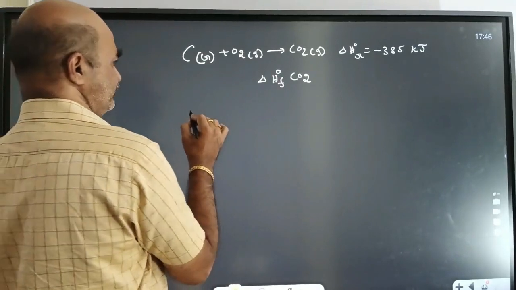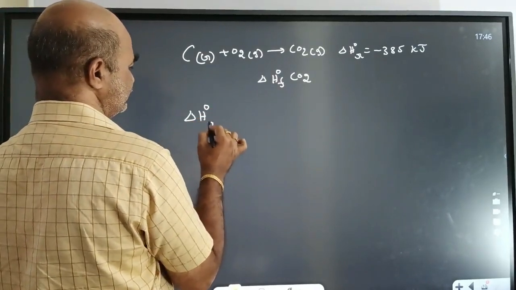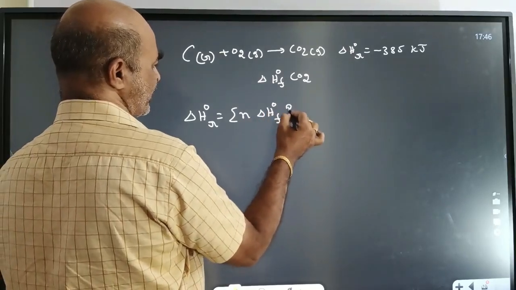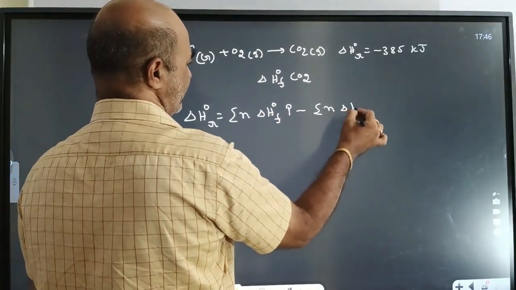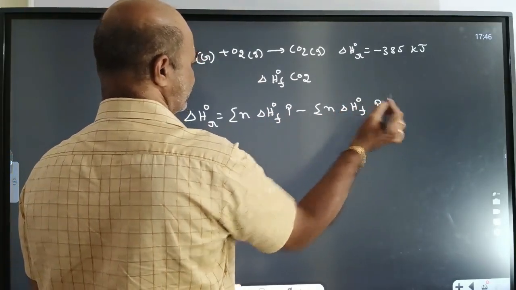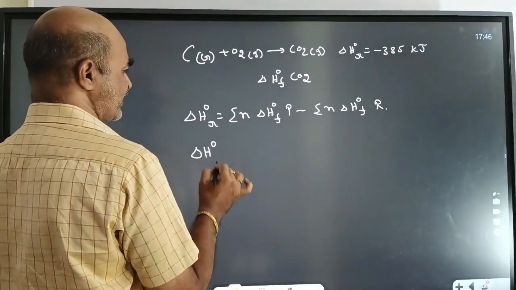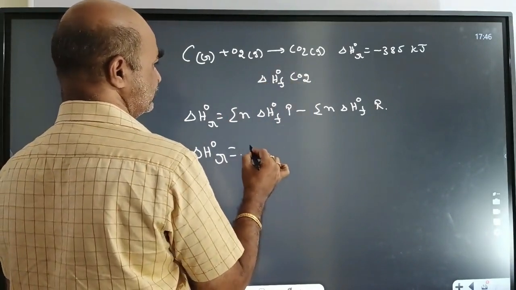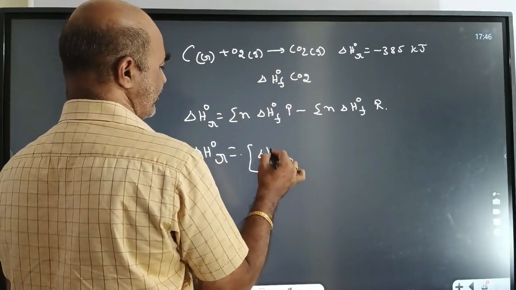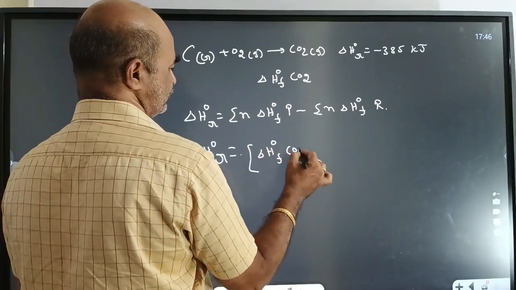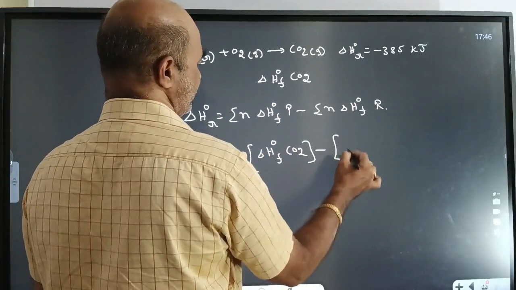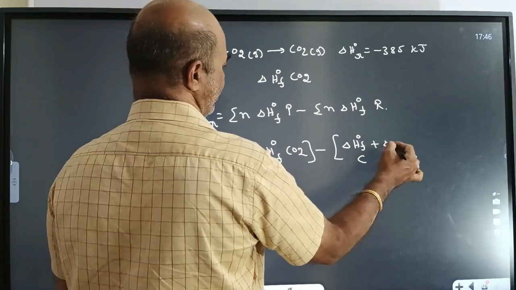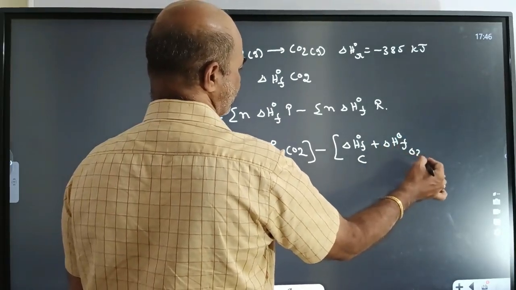The enthalpy of reaction is the sum of enthalpies of formation of products minus the sum of enthalpies of formation of reactants. The product is carbon dioxide, so the enthalpy of formation of CO2 minus the enthalpy of formation of carbon graphite plus that of oxygen gas.